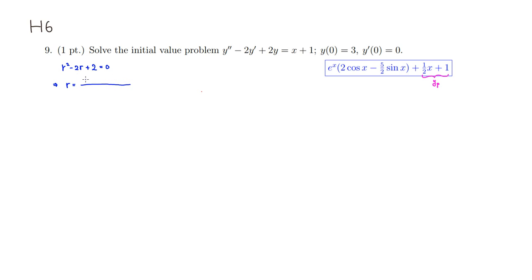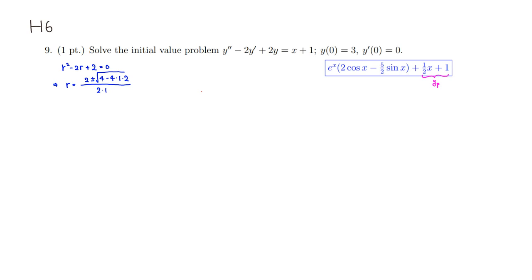negative b, so it's a 2, plus or minus square root of b squared, which is 4, minus 4 times a, which is 1, and c is 2. Right? And all over 2 times 1. Right?